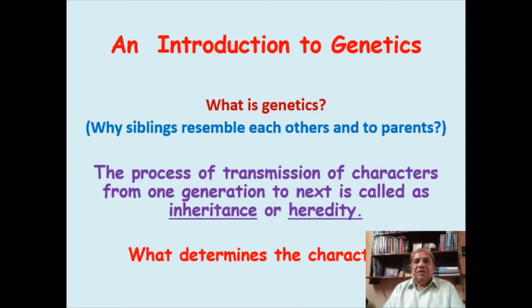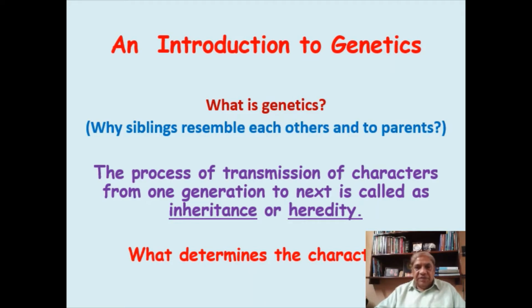That is, it is the process of transmission of characters from one generation to the next, and that is the reason why the offspring resemble the parents and each other. Now the question comes, what determines the characters?